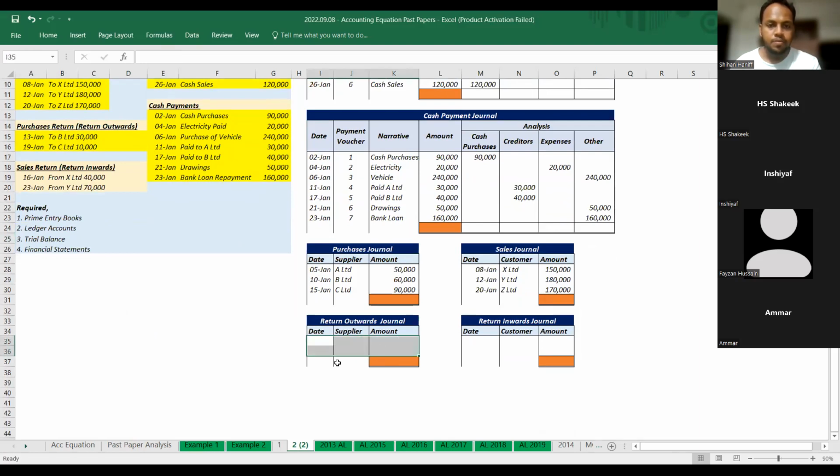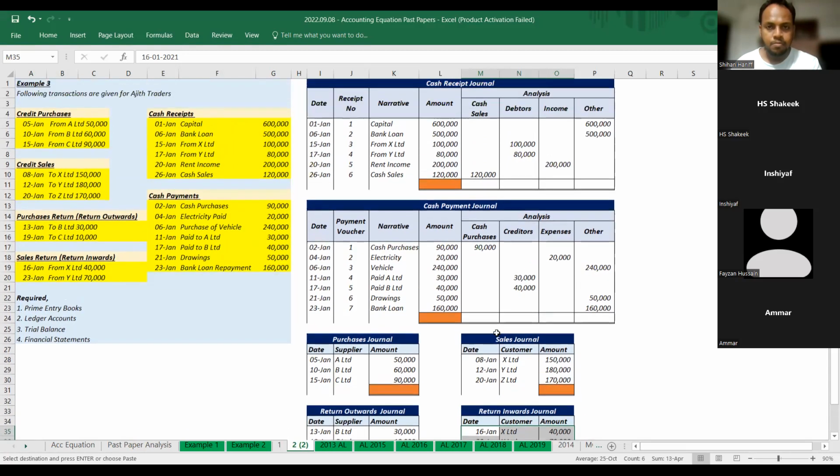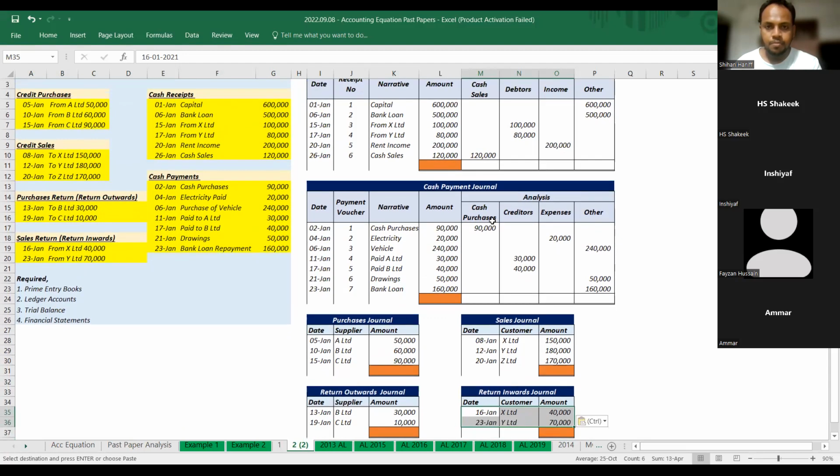Purchases return. B and C. Return inwards. X and Y. So complete this. Total.